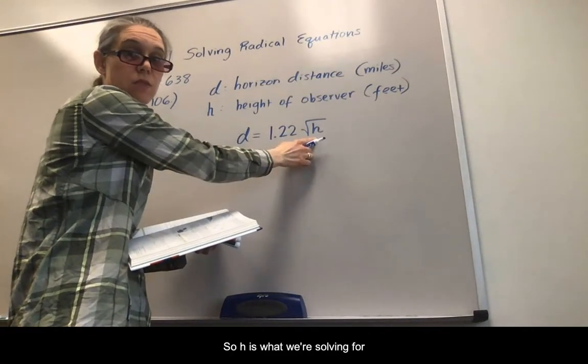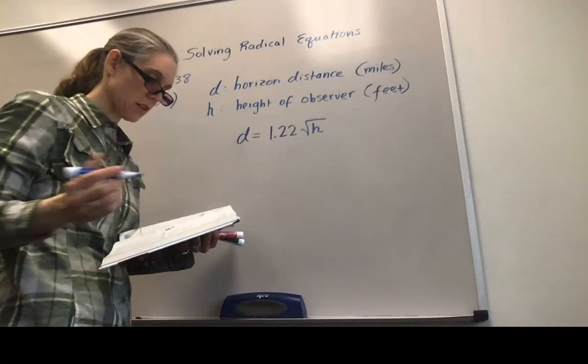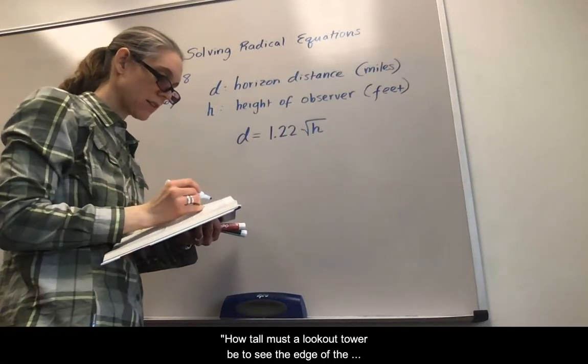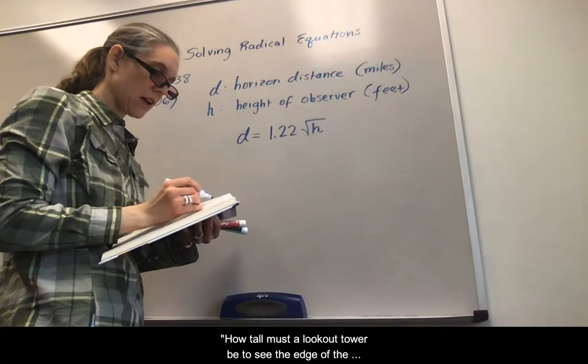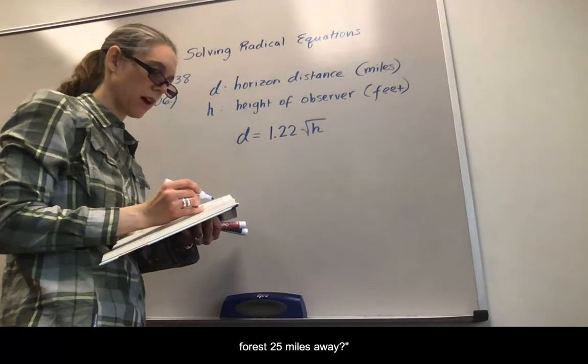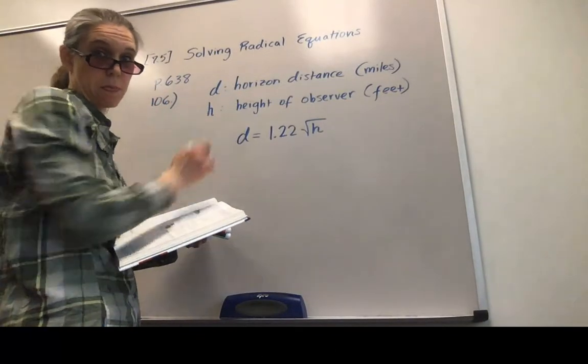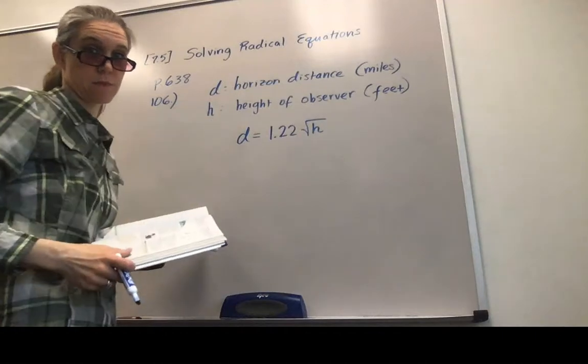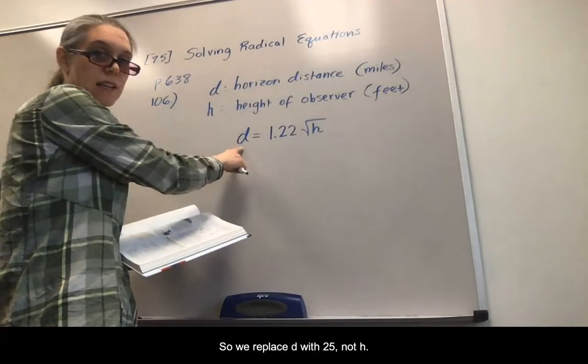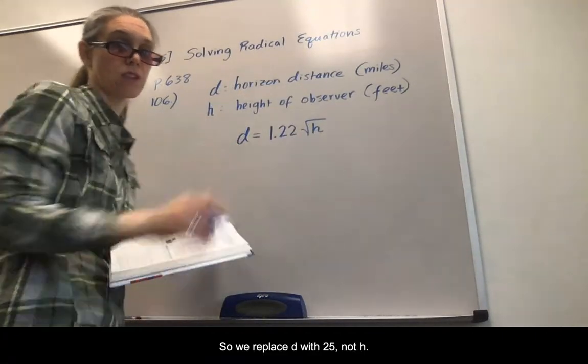So h is what we're solving for. Continue. How tall must a lookout tower be to see the edge of the forest 25 miles away? 25 miles away, that's horizon distance. So we replace d with 25, not h.